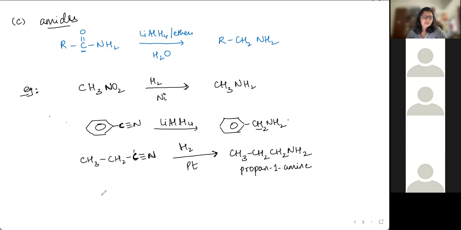All right. One last example, we do one with amines. So CH3, CH2, C double bond O, NHCH3. This one treating with LiAlH4 in ether and on hydrolysis.